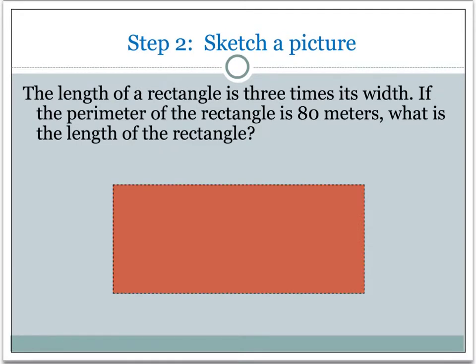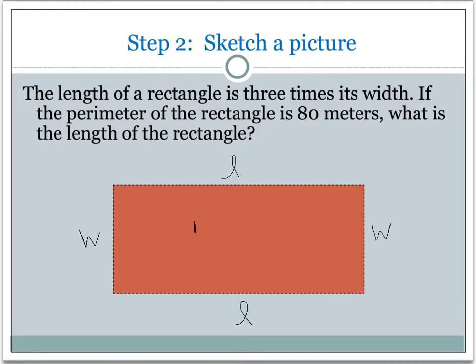Step 2 tells us to sketch a picture, and in this case, this is a really good example of a problem where a picture is going to be best to help us. We know that we're going to have a rectangle. We also know that the length is this side, and the width is this side. We could label this L for length and this W for width if we wanted to.